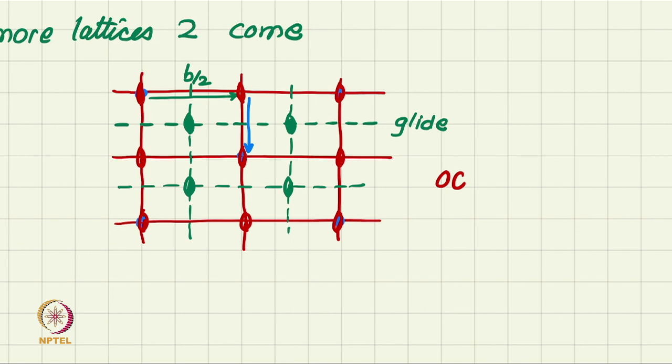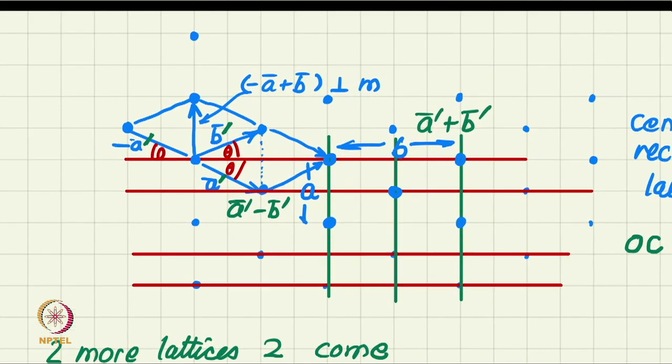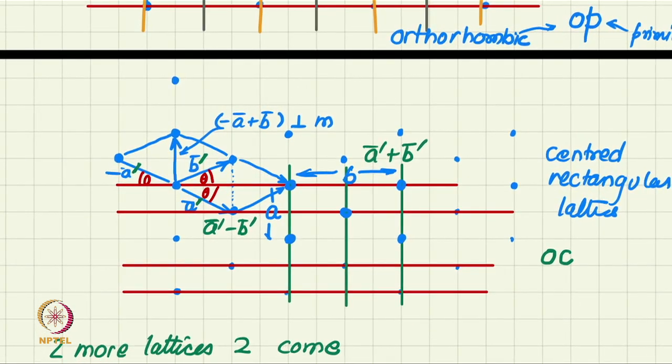And that is coming because we have these centering lattice points. Absence of a centering lattice point removes the glide and the green twofolds. But if the centering lattice point is there, then you have the glides and the green twofolds also. Okay. So, in terms of symmetry also, this centered rectangular lattice is a different lattice from the non-centered one. So, thank you very much.